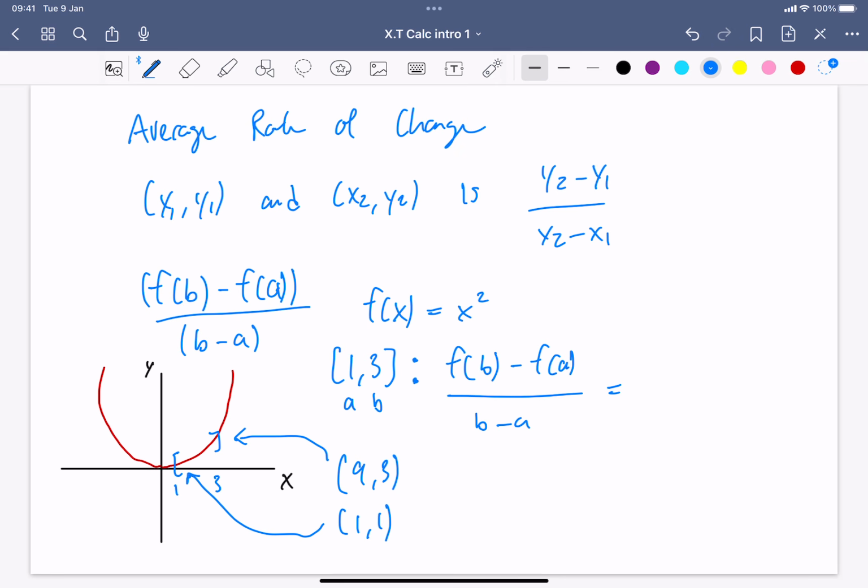So where did the 9 come from again? I would just plug in x equals 3, so I put 3 in for x. 3 squared equals 9.